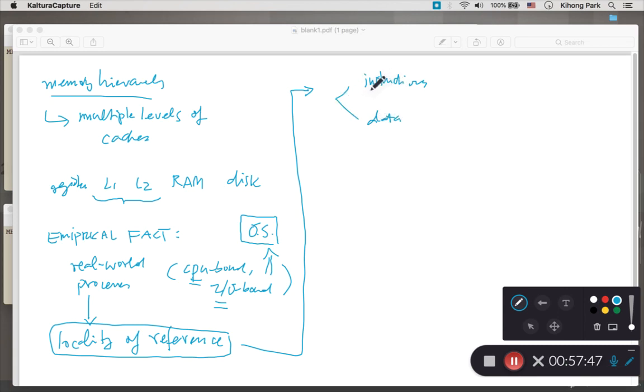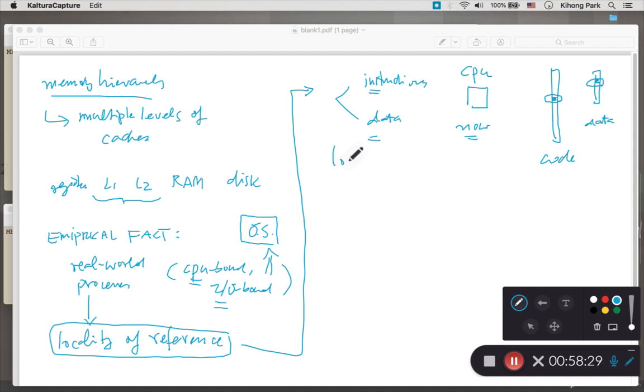But for both instructions and data, what holds true is if the CPU is now running this code and this piece of data, and I'm showing it at different places, then if it's accessing this instruction now and it's accessing this piece of data now, then again it is likely that it will access this same instruction and the same piece of data in the near future.